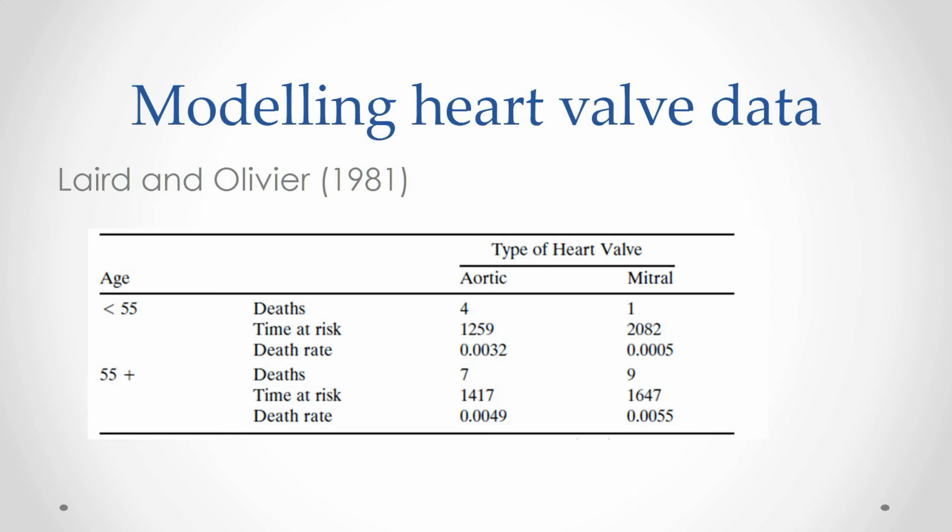So to make them comparable, we are going to standardize by this measure of size, which in this case turns out to be duration of follow-up. This is typically denoted in the literature as the time of risk.